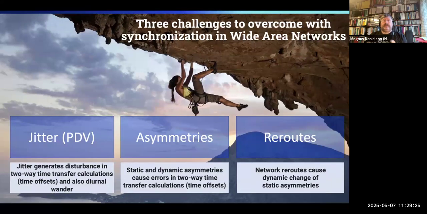So it's not sufficient to discover an asymmetry and compensate for it. You need to discover when things are rerouted. It could be a protection fault, it could be a routing table change, whatever the reason is.